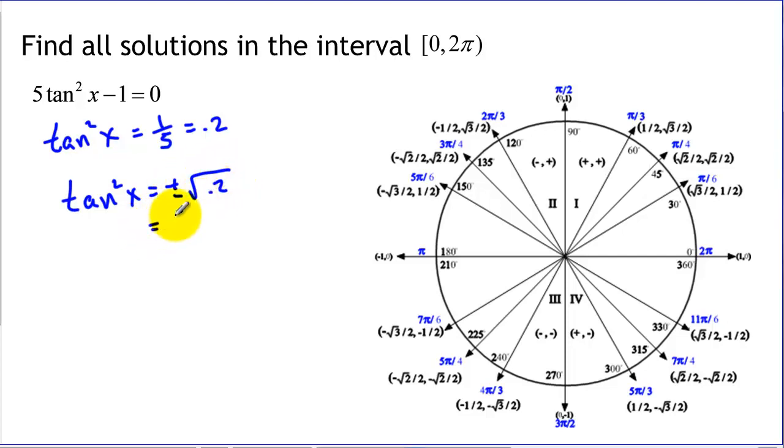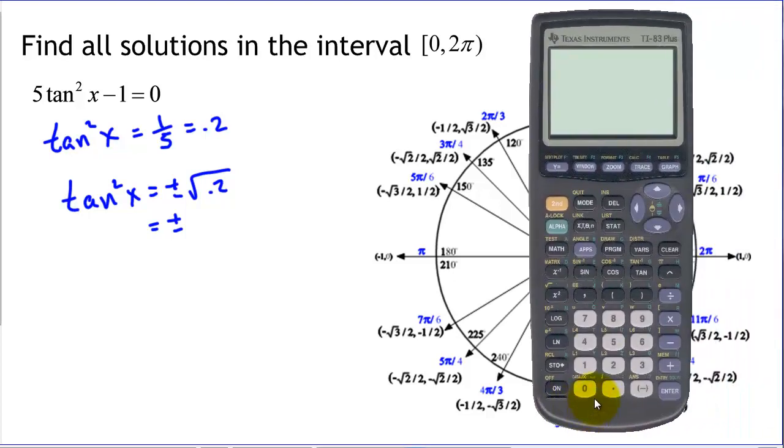So we're looking for plus or minus, say that's 0.447. So this is now the tan of x because I took the square root. So this here should not have had the square root because we took the square root. So that square root symbol is missing.